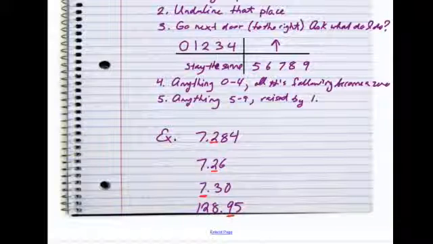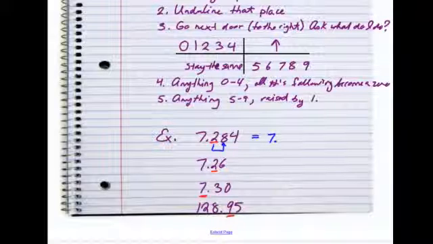So 7 and 284 thousandths. I want to round to my tenths place, so I'm going to look next door at that 8. 8 is above 5. And so I need to round my number up. 7 and 284 thousandths turns into 7 and 3 tenths.